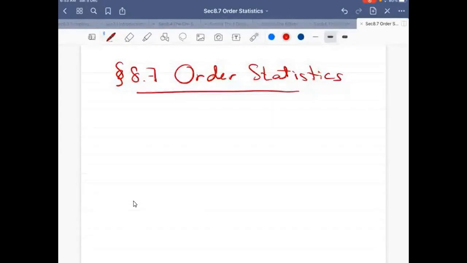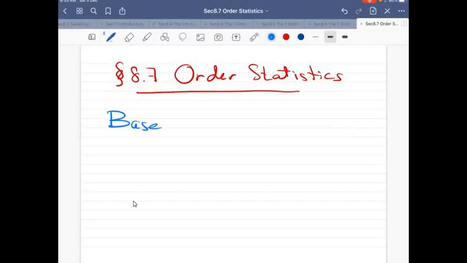Suppose that we want to have... The previous sampling distributions were for normal. We are assuming that the original distribution is normal, so we based on normal distributions, based on normal population.